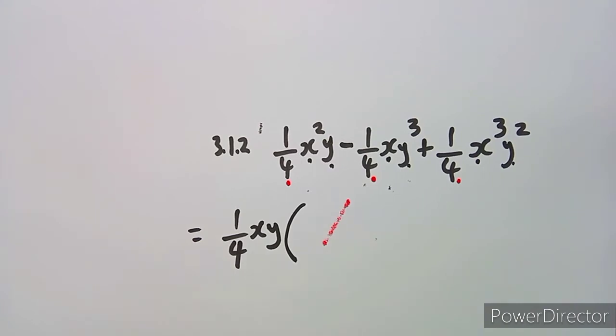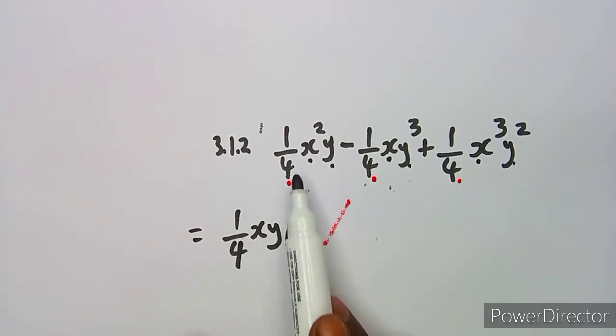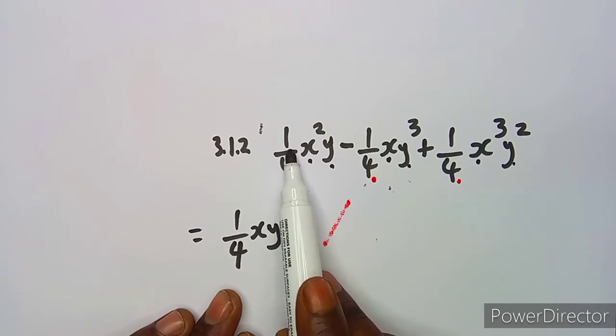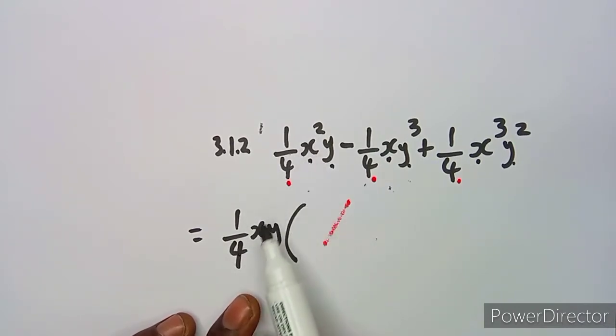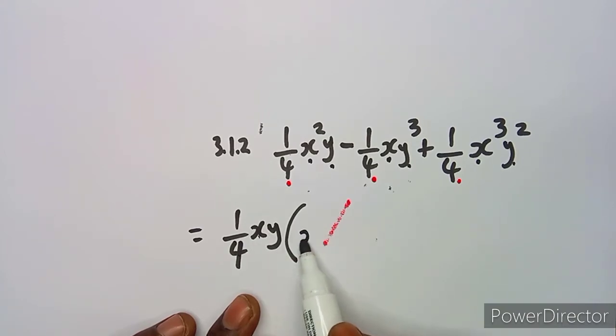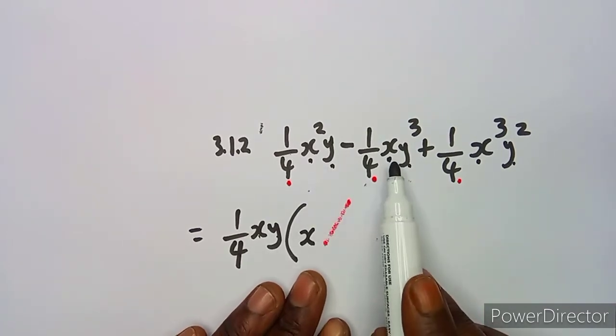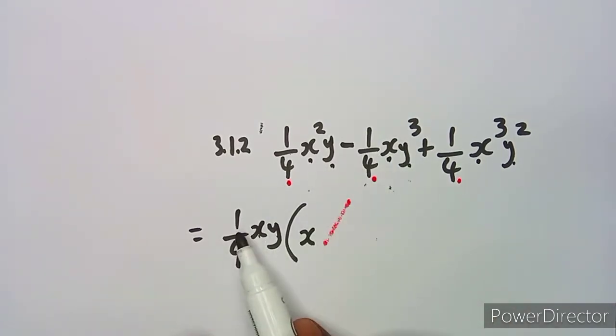Then now you can divide. So that is factorization, guys. What you factor out must be the highest common factor. As you can see, if you divide, 1/4 and 1/4 will cancel, and x squared divided by x is going to give us x. Y and y here will cancel. Then here we've got 1/4 and 1/4.